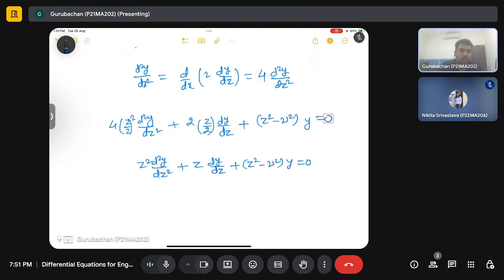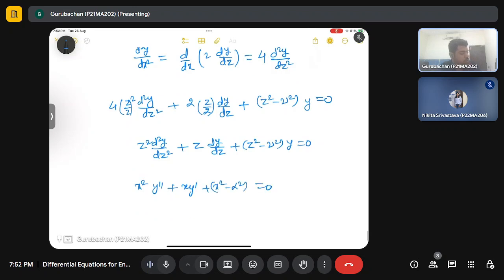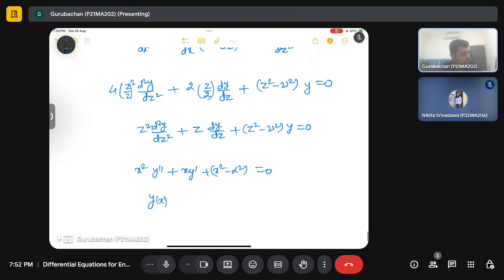So this is your Bessel equation in the form of z, where this n is replaced by nu. If you compare it with the Bessel differential equation told in the class, that differential equation is x square y double dash plus x y dash plus x square minus alpha square y equal to 0, whose solution is y(x) equal to c1 J alpha x plus c2 J minus alpha x.